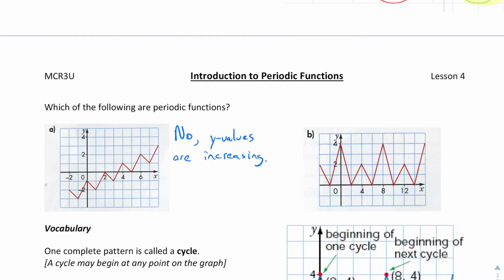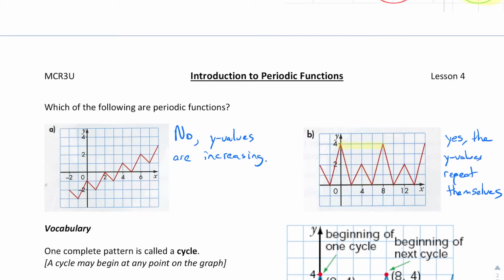Next one, hopefully you see, it's an odd pattern here where it looks like we've got W's going on, but yes, it's a periodic function. And so the y values repeat themselves, and it has to happen over the same interval. So if I follow along, let me start here at the top.